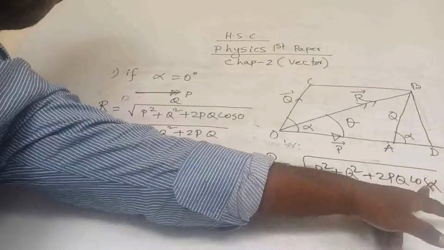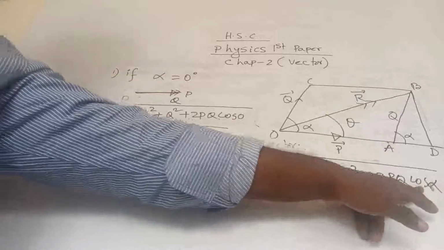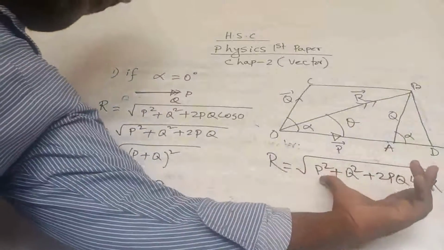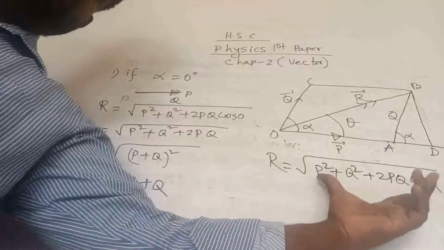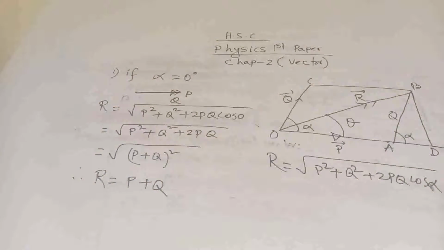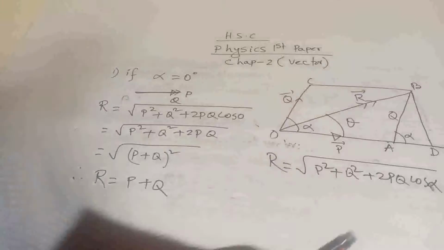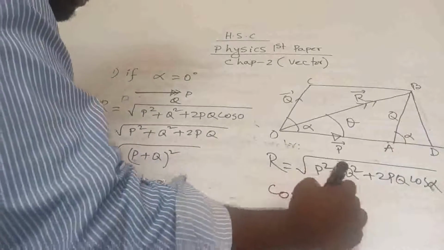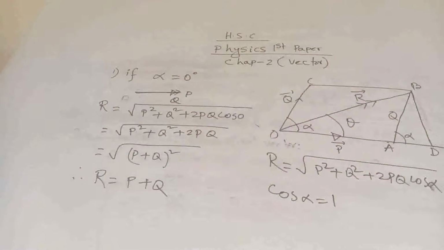If the value of cos alpha is maximum, then the magnitude of the resultant will be maximum. We know the maximum value of cos alpha is equal to 1. So I have to put cos alpha equal to 1 to check the maximum value of the resultant.